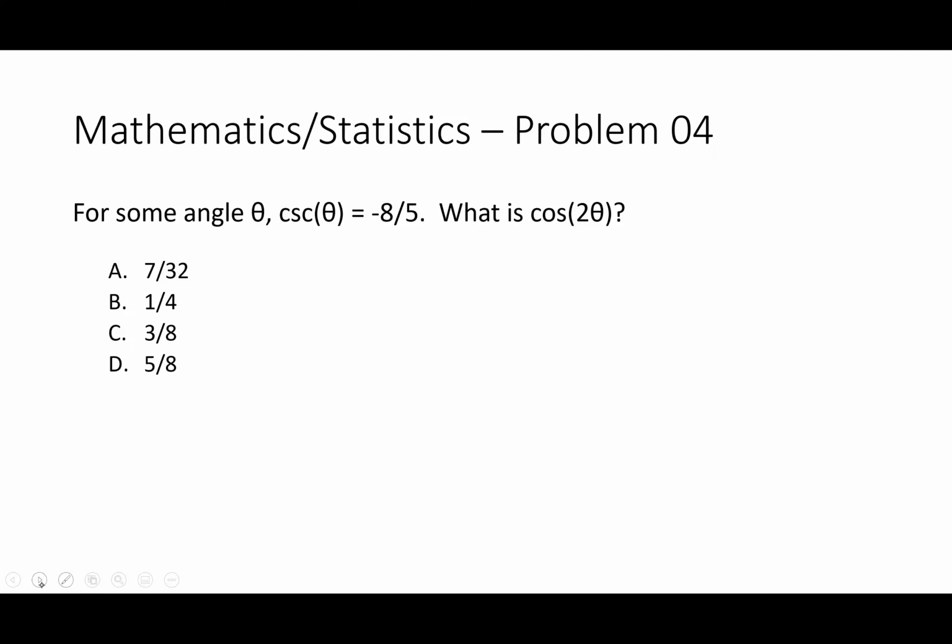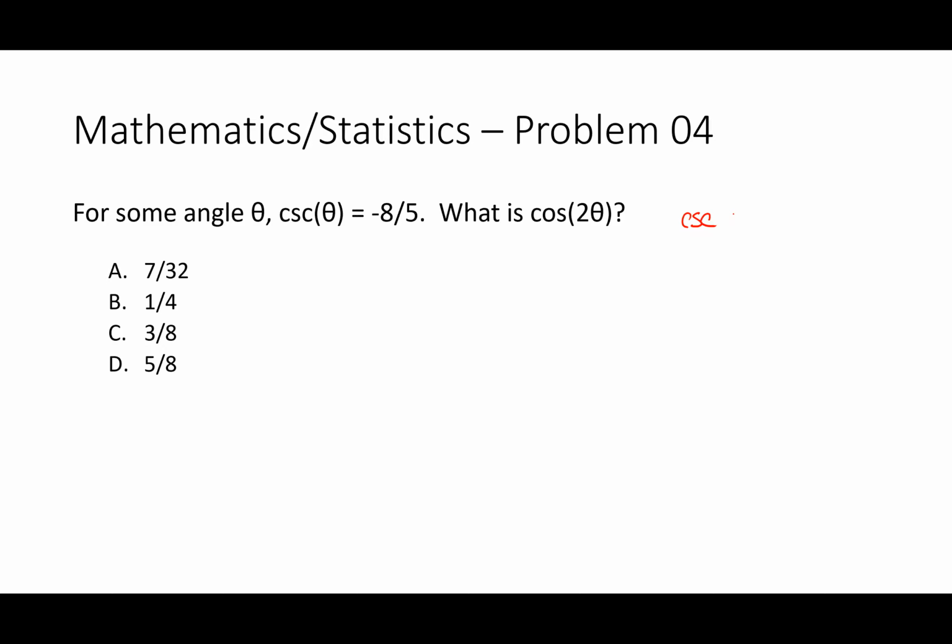So for some angle theta, we know that the cosecant of that angle is -8/5. So what is the cosine of 2 theta? Well, first off, if I know the cosecant, which, by the way, if you hear a toddler in the background, that would be my daughter playing.